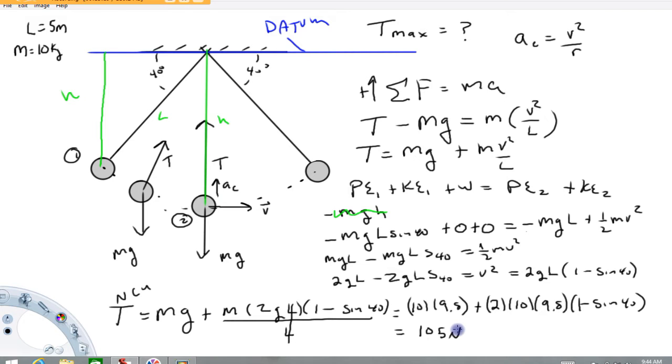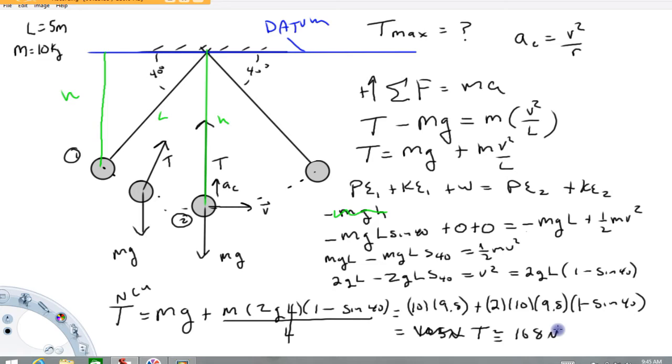I'm going to run that again because I'm not sure I trust that. And I get 168 the second time around. So that tension is looking like approximately 168 newtons. That one I think I trust.